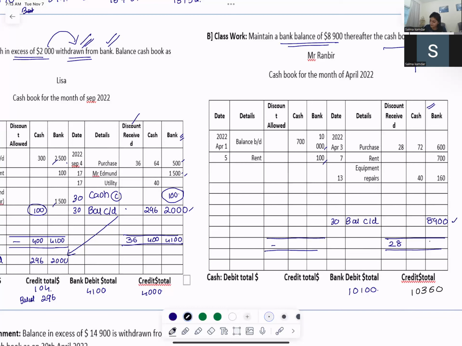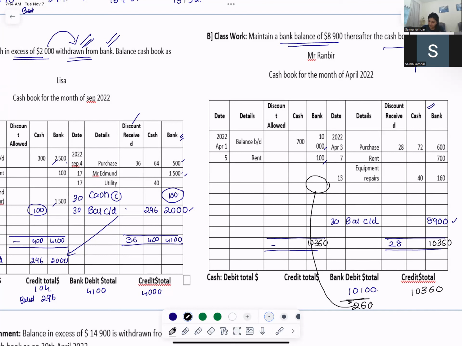So what I will do, I will write 10,360 on both the sides. To make it 10,360, I will have to put in something over here on the debit side, that is 260. 260 has to come on the debit of the bank account.